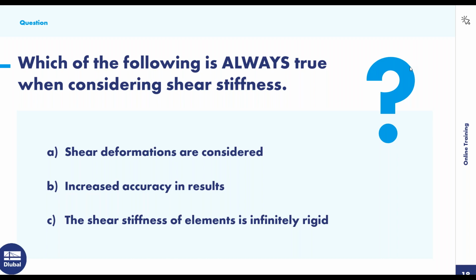B, increased accuracy in results, is not true for all plates. For thin plates the results don't really change much. Mostly for thicker plates the results will change and the accuracy will be increased. And for C, the shear stiffness of elements is infinitely rigid, this is not true, because when shear stiffness is considered, the stiffness of the element isn't infinitely rigid. So that is that question.